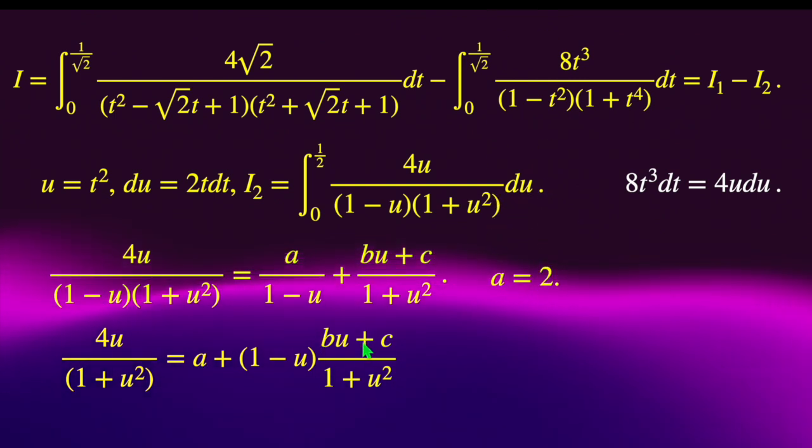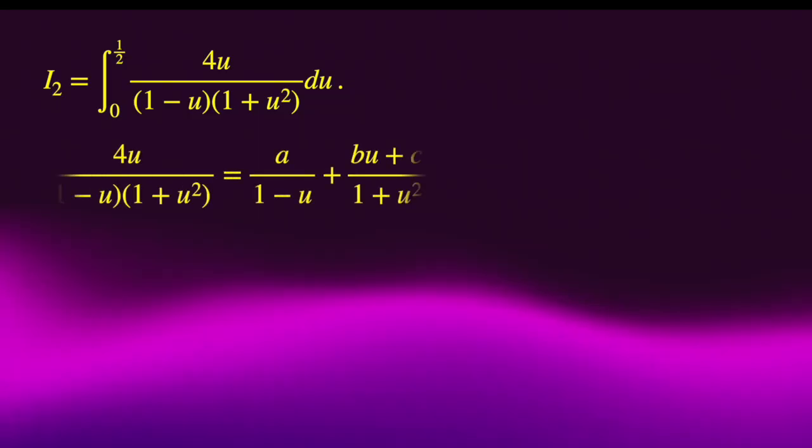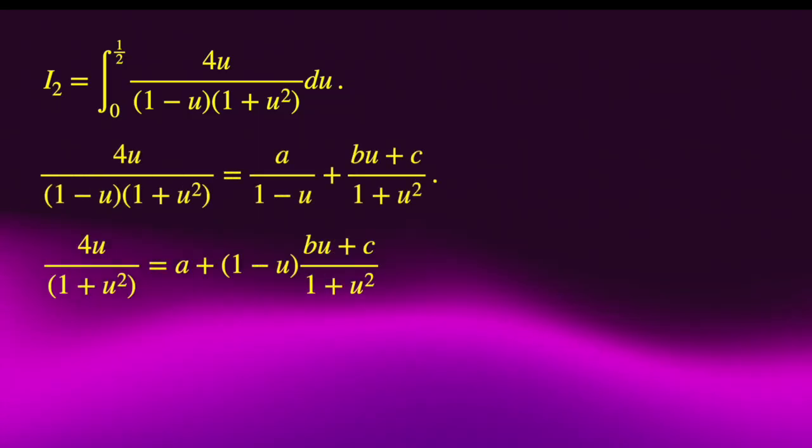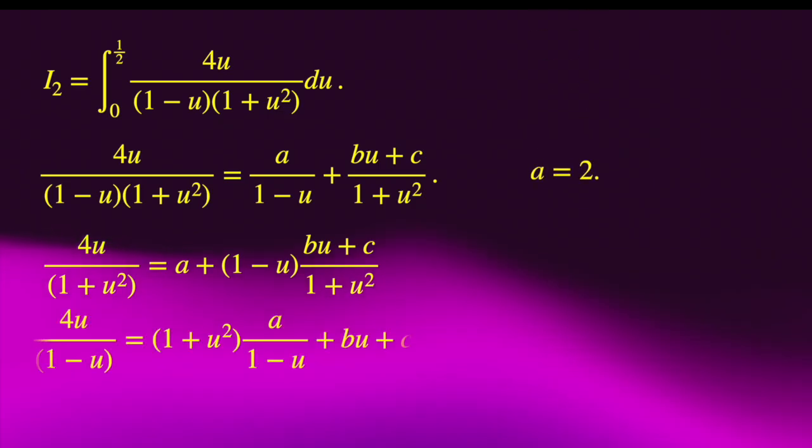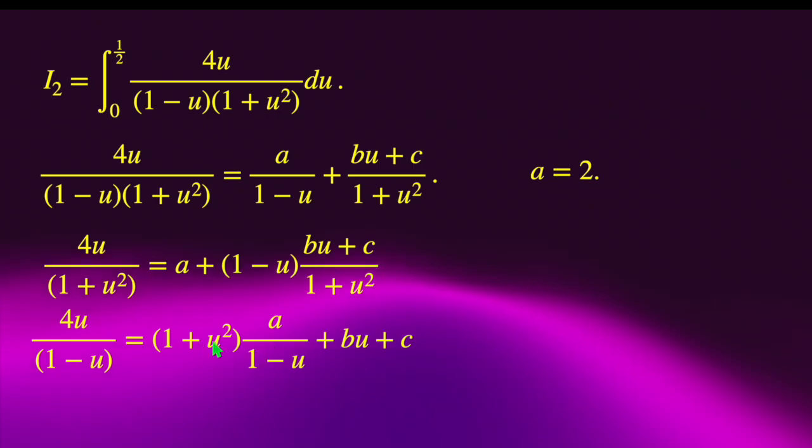Now let's compute b and c. What we will do here is multiply by 1 plus u squared. So we get this equality, and we take u equal to i.